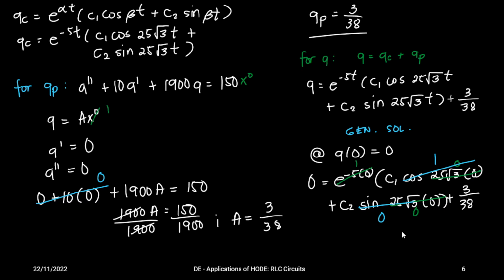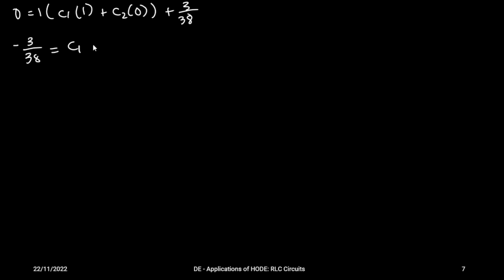Rewriting the equation, we have 0 is equivalent to 1 times C1 times 1 plus C2 times 0 plus 3 over 38. Let's transpose 3 over 38 sa kabila. We have negative 3 over 38 is equivalent to C1 plus 0.